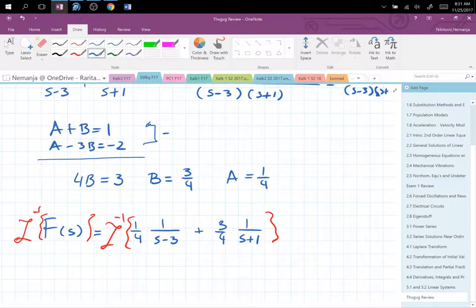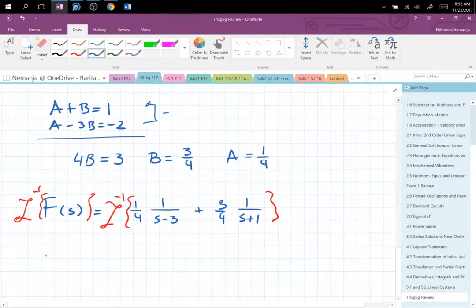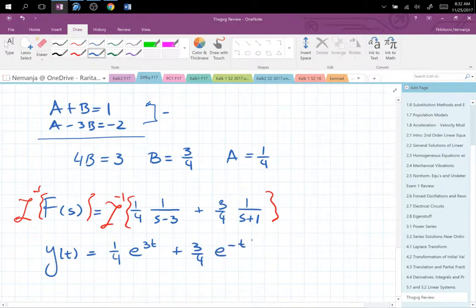So the inverse Laplace of F of s is y of t. We copy 1/4, and then 1 over s minus 3 becomes e to the 3t, plus 3/4, and then over here is e to the negative t.